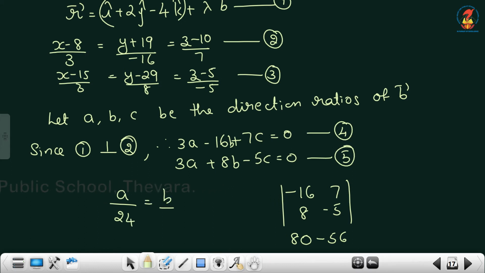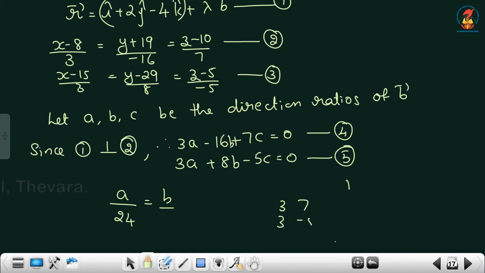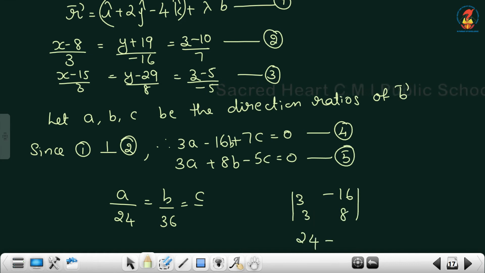Now b by 3, 7, 3, minus 5. So minus 15, sorry, 21 first we have to write, plus 15, that's equal to 36. Then c by 3, minus 16, 3, 8. 24 plus 48, 72, equal to lambda.